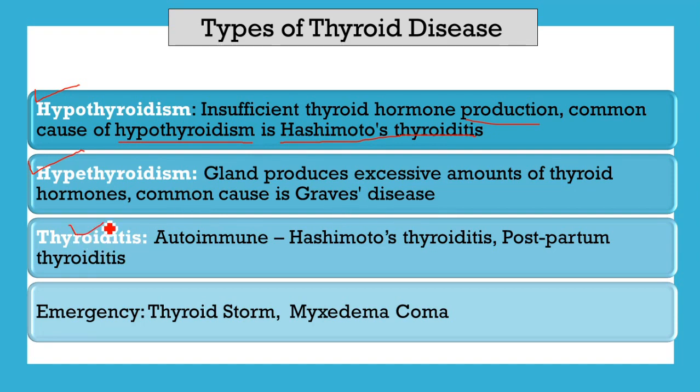Thyroiditis is autoimmune, as in Hashimoto thyroiditis, and is also linked with postpartum thyroiditis. The emergency conditions are thyroid storm and myxedema coma. So these are the major conditions related to thyroid disorders.